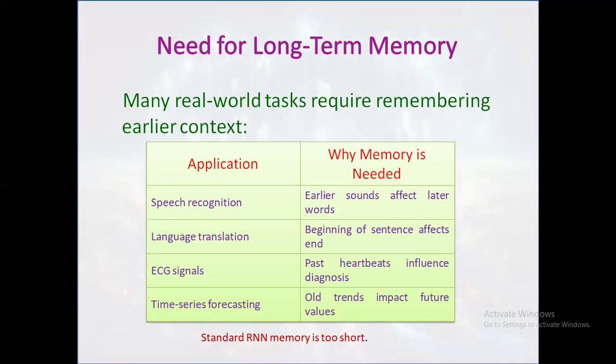Standard RNNs have short-term memory because their hidden state changes too much at each step and older information fades quickly. This makes them unsuitable for tasks where context from far back is important. Hence, a new architecture is needed that can retain information for long durations while still updating with the new inputs. So, we are going for this.